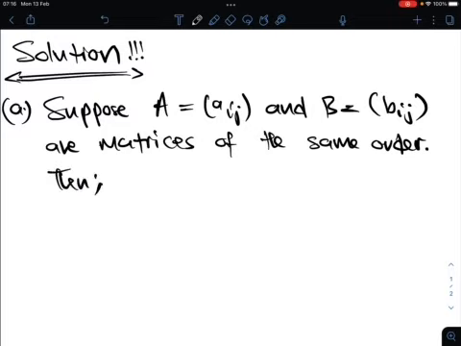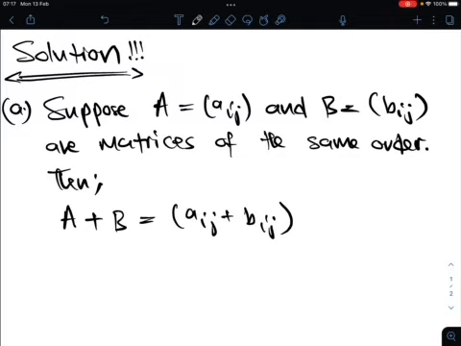It follows from here that A plus B can actually be defined as Aij plus Bij. That's one thing that you should know. That's how we define addition naturally.